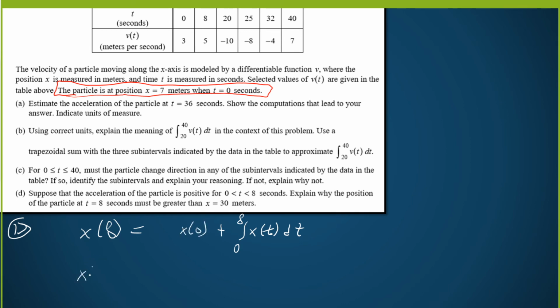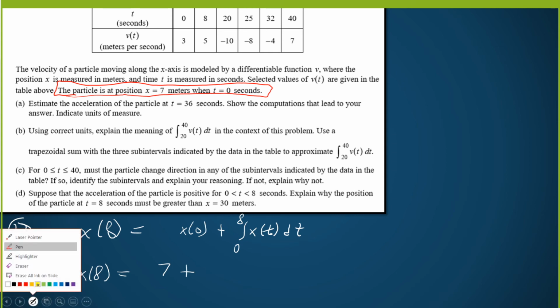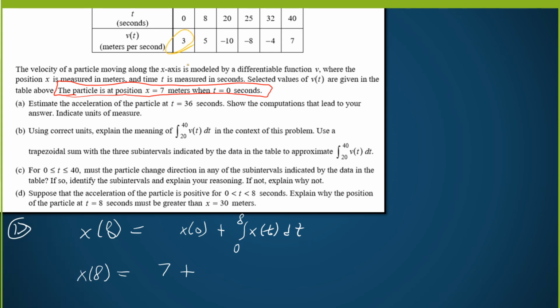So I'm going to substitute: x at 0 is 7, and then the integral from 0 to 8 of x of t. If my acceleration is positive, then the lowest that could possibly be is our velocity at 0, which is 3, times 8, our change in time, right?